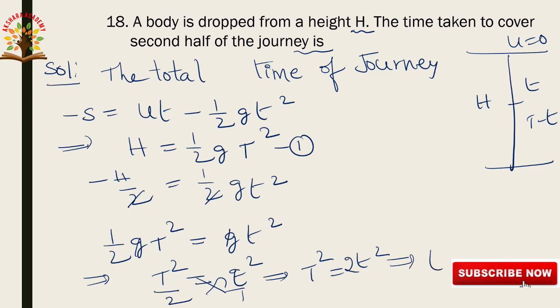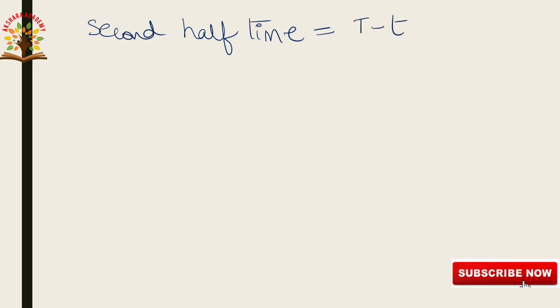Now t square is equal to T square by 2, then t is equal to T by root 2, the square gets cancelled. Second half of time is equal to T minus t, that is T minus T by root 2.